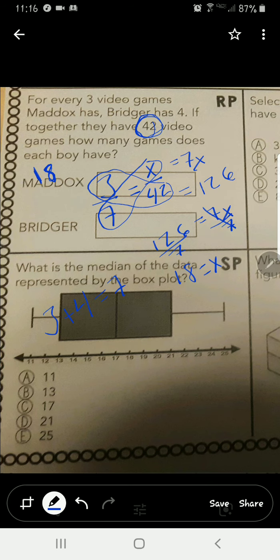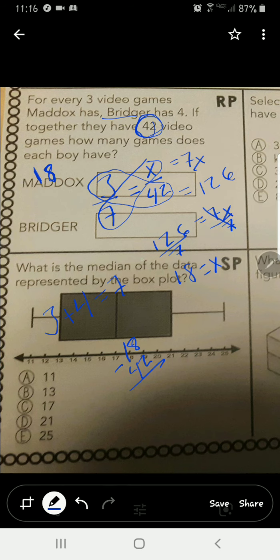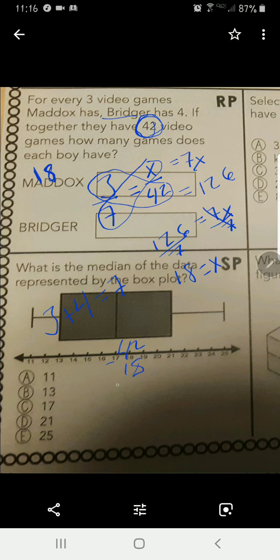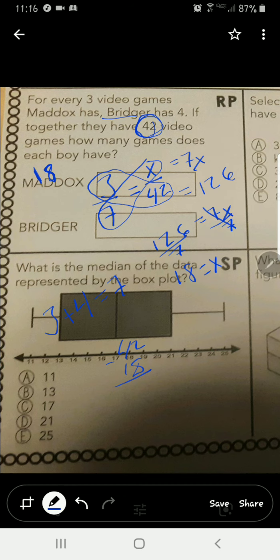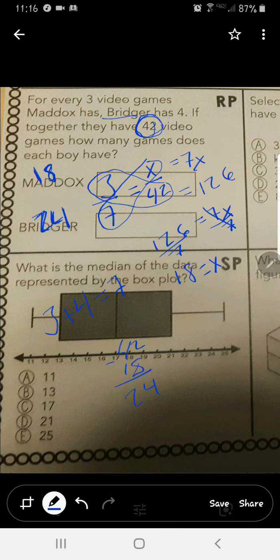And if they have 42 in total, we already know Bridger is the only other one out of the 2. So we can just subtract 18 minus 42, or, excuse me, the other way around, 42 minus 18. 24. So Bridger has 24 video games, and Maddox has 18. There are different ways to do that, but I did it my way.